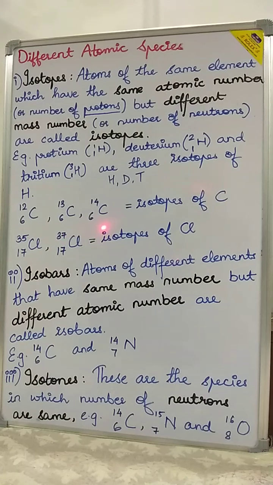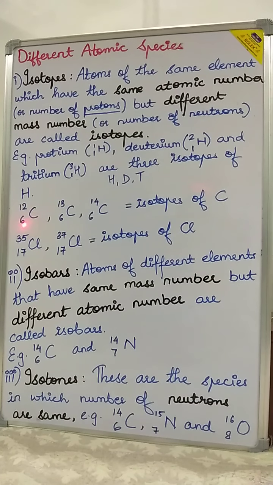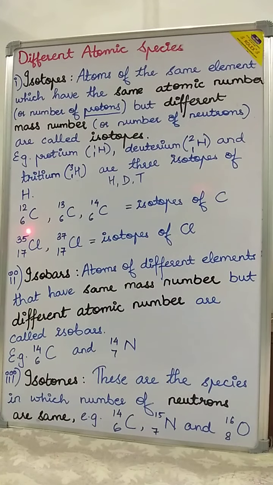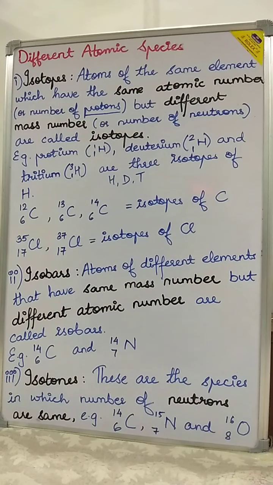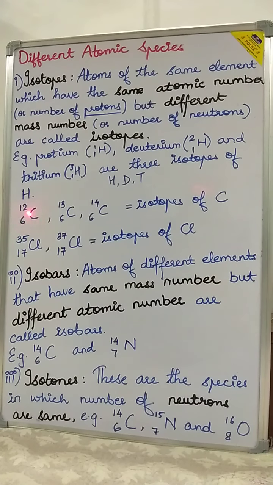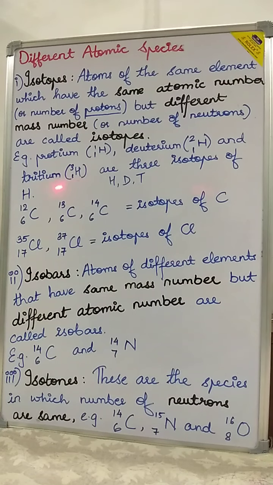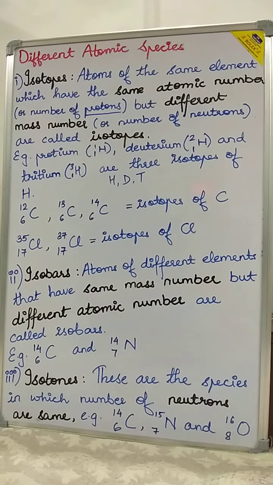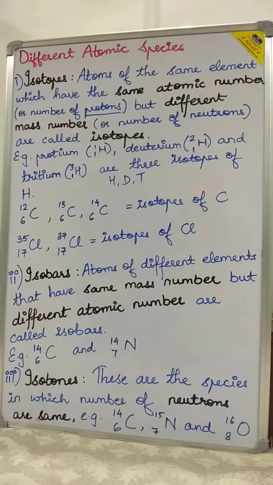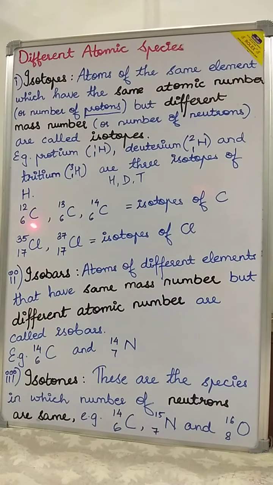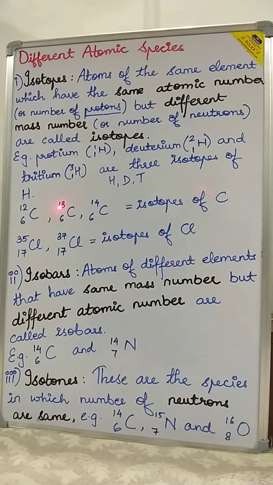Now coming to another example, students. Carbon 6, 12. 6 is the number of protons or electrons, or is the atomic number. 6 carbon 13 and 6 carbon 14, students. These are 3 isotopes of carbon. You can see that everywhere number of proton is same.